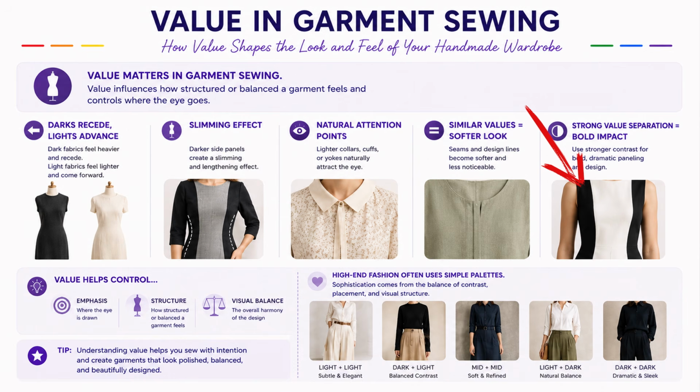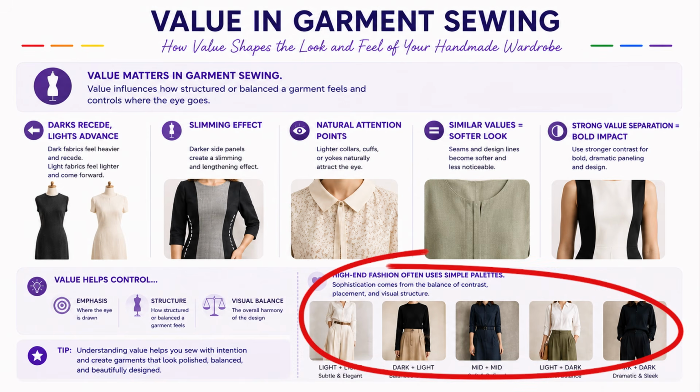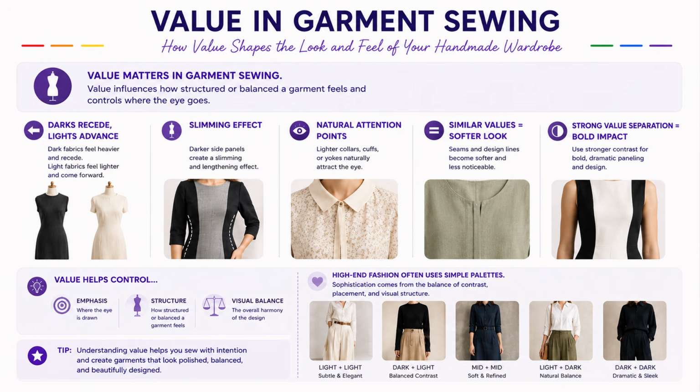So, even in garment sewing, value helps control emphasis, structure, and overall visual balance. And honestly, once you start understanding value, you begin realizing that many high-end fashion designs are actually using relatively simple color palettes. What makes them feel sophisticated is often the balance of contrast, placement, and visual structure.